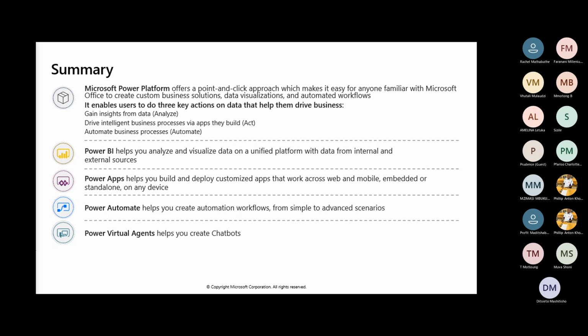It enables users to do 3 key actions on data that helps them drive business: get insight from data, analyze, which is a subset of Power BI, drive intelligence business processes via apps they build, which is AI Builder, as well as automation, and then also you have the automate business process, where now you get to automate all your processes.